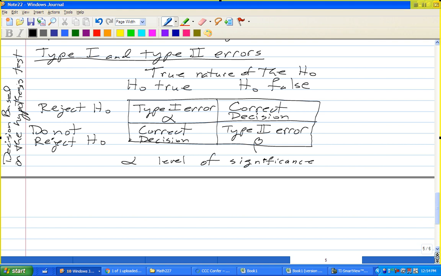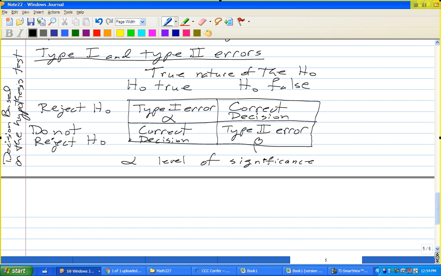So we know this is our tolerance for convicting innocent null hypotheses. I want to minimize the number of guilty null hypotheses that we let go free. And that is what we call a hypothesis test.